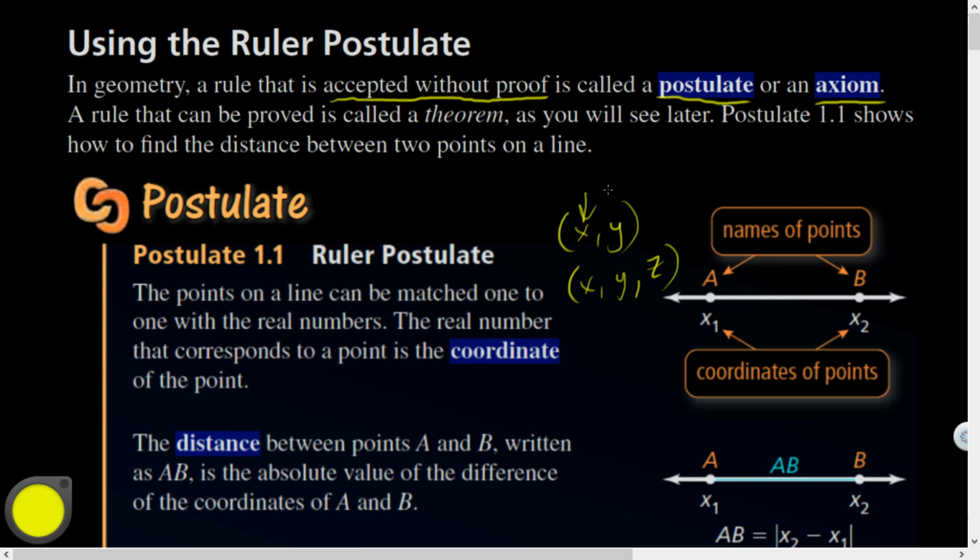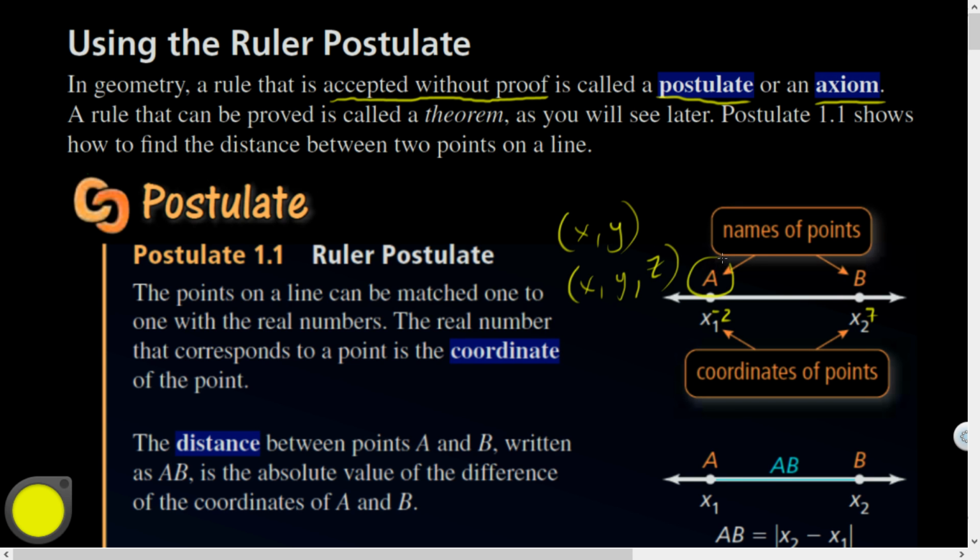Any component of these is called, I believe, an ordinate, but there are also other names for just the x and y, like ordinate and abscissa. Anyways, the real number that corresponds to a point is called the coordinate. So the point would be A, but the coordinate might be like -2 or 7. I'm assigning a number to that location.